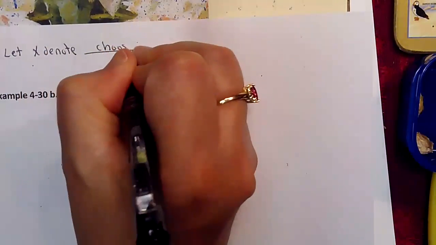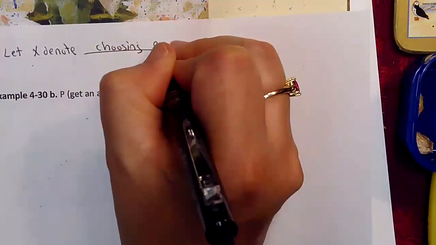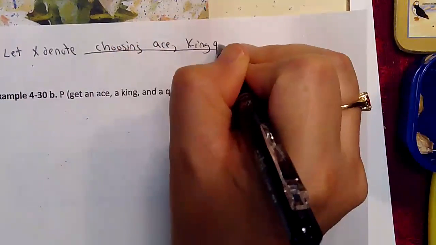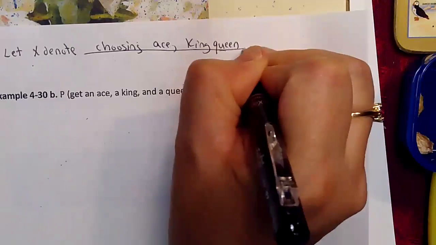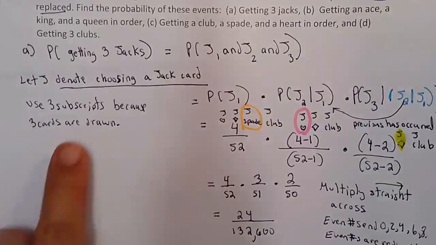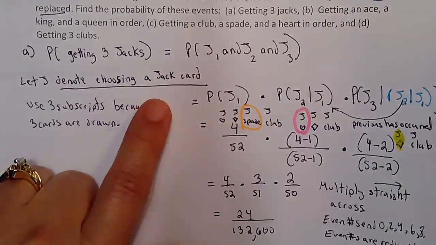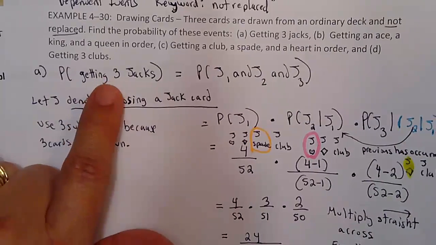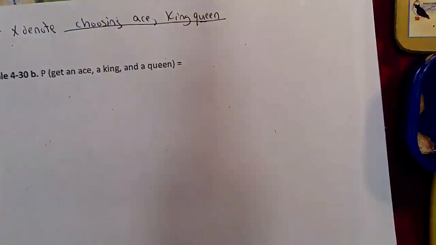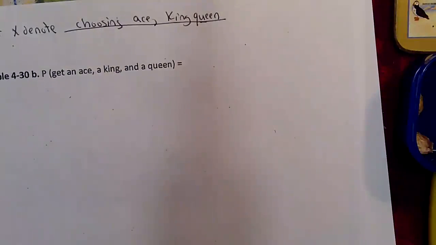The idea would be, let's say, let X denote what we're doing here, choosing an ace, a king, and a queen. Okay. You remember when we did the previous problem, I let J denote choosing a jack card because we were trying to get 3 jack cards. So here we want to get an ace, a king, and a queen card.